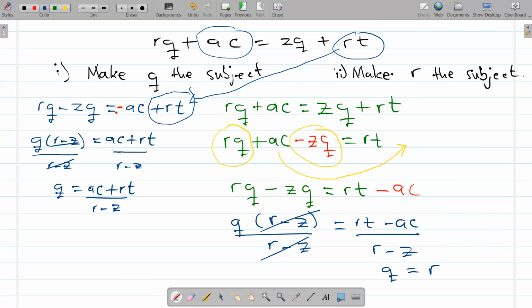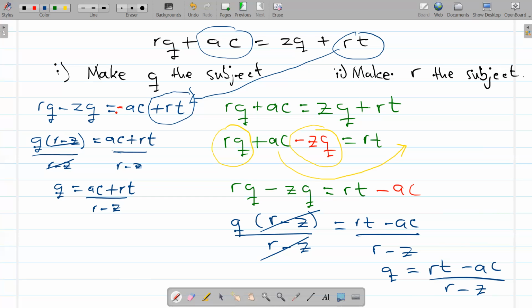Q being equal to RT minus AC over R minus Z. You see? So always just do it one step at a time. Let me move this first. When I'm done, then how do I move the other? What is the sign? So always take into account the sign in front of whatever is there. That is it.